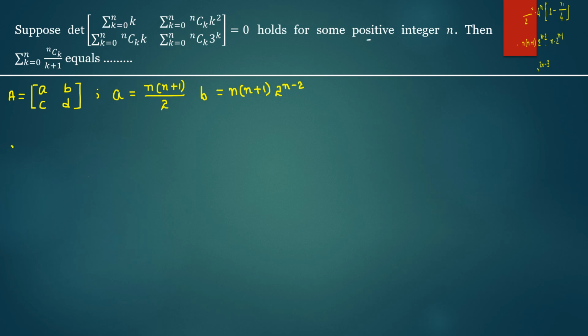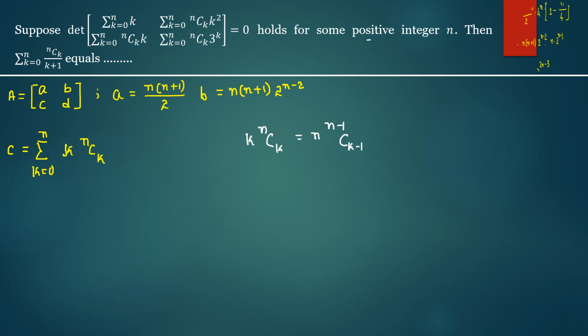So what is C? C is equal to summation k is equal to 0 to n, k times nCk. Now see that in finding the value of B, we already proved that k times nCk is equal to n times n minus 1 C k minus 1.